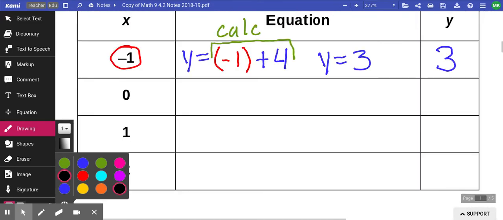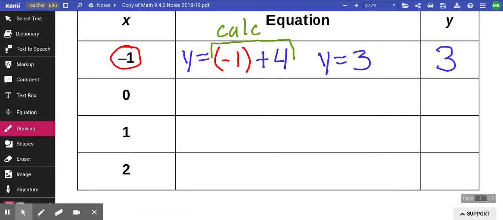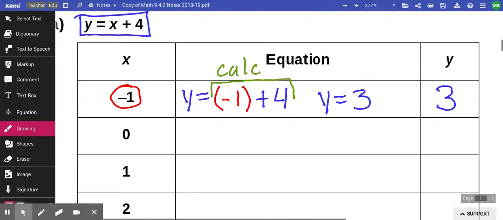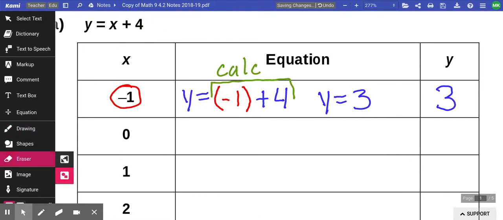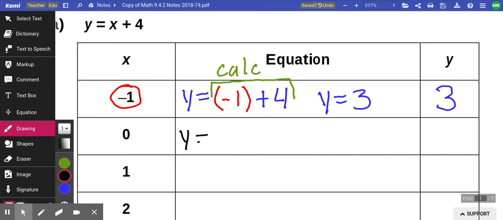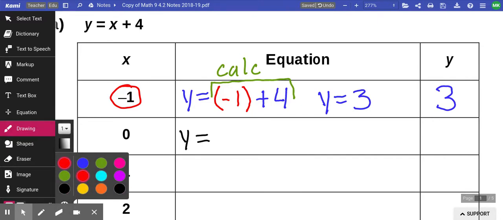That help? Okay. So we're going to pretend that x equals 0. We're going to go to our equation and we're going to change x to be 0. Our equation is y equals x, which I'm going to change to be 0, plus 4.